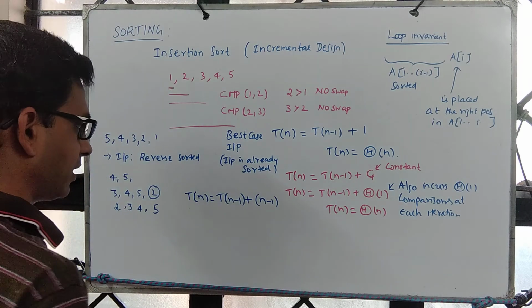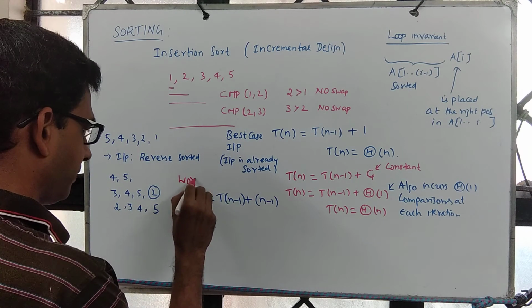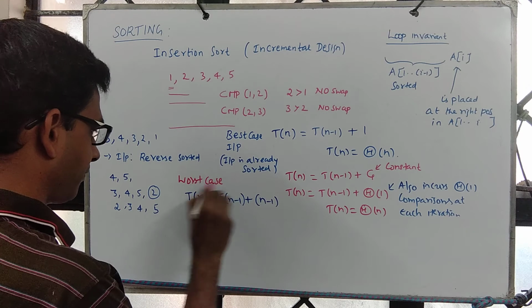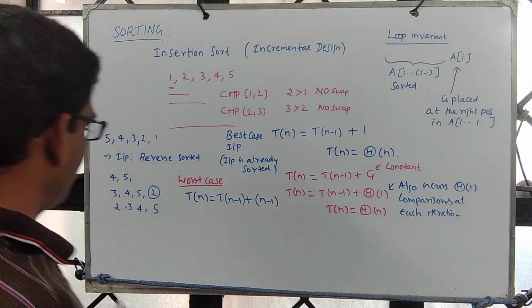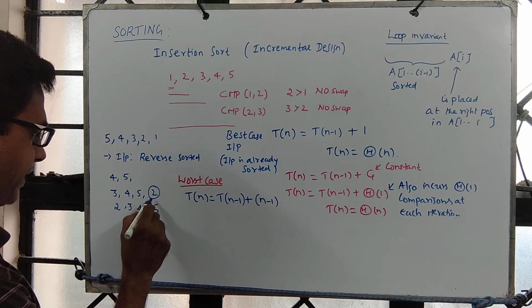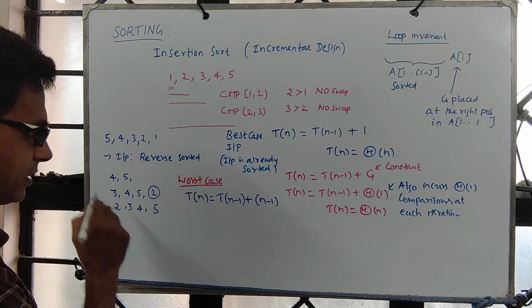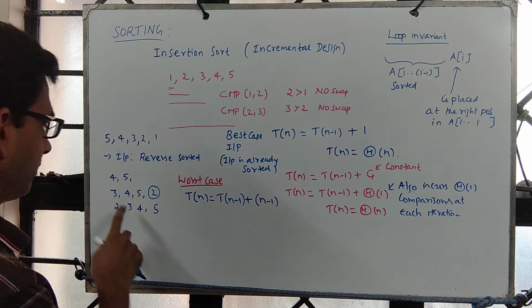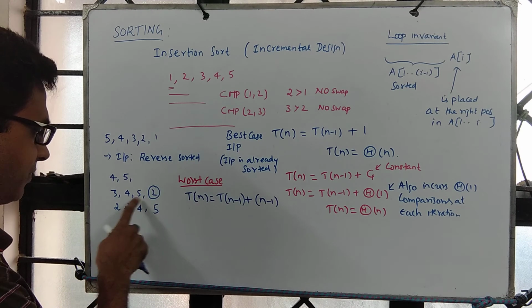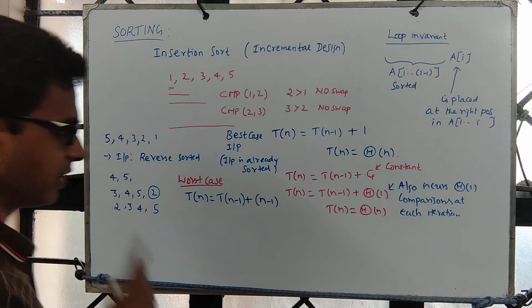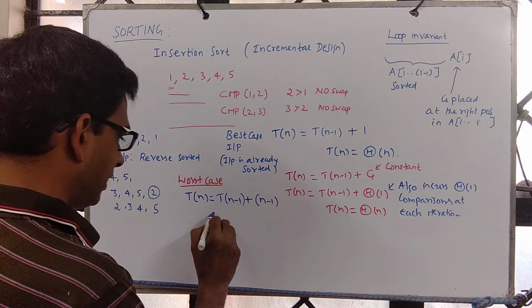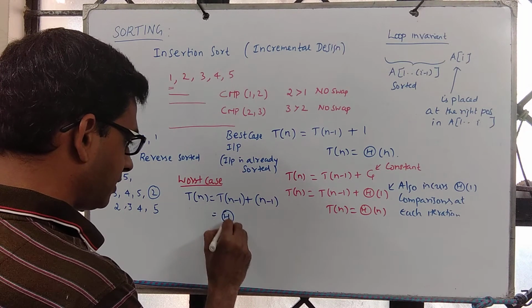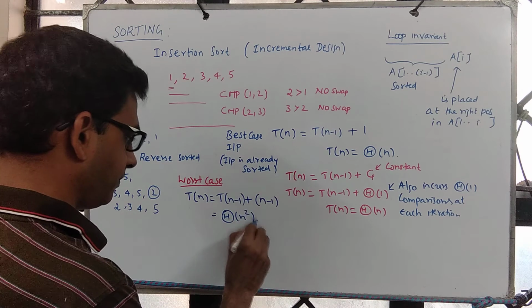This is our worst case input. In the worst case, the ith element is compared with all other elements. In the process, compare, swap, and it goes all the way up to the first element. And we saw that the solution to the recurrence is theta of n square.